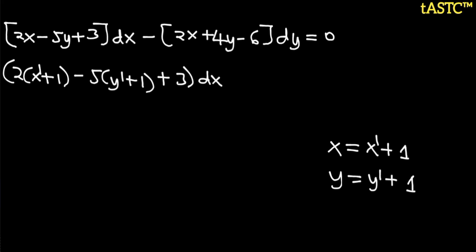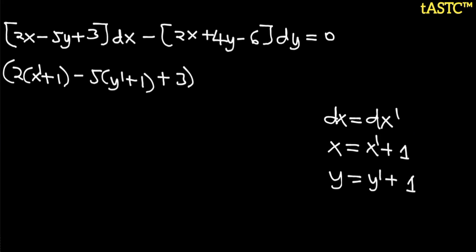Okay, now before we do that, before we write it as dx, let us actually make some work. x is equal to x prime plus 1. What is going to be dx? That will be dx prime plus 0, because the derivative of 1 is going to be 0.